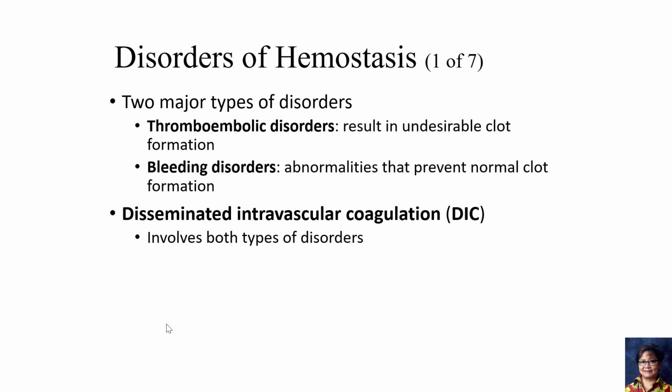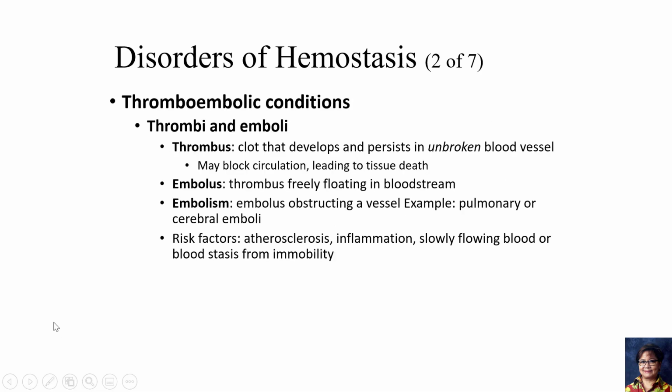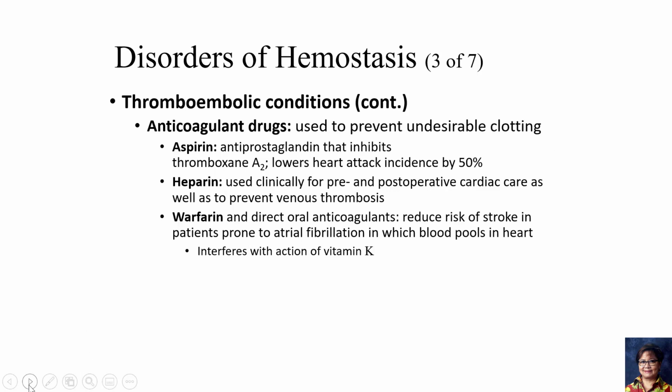So these are now disorders of hemostasis, which I am just going to leave to you to review. You have your disseminated intravascular coagulation. You have your thromboembolic conditions. What's the difference between a thrombus and an embolus? Please make sure that you know that.